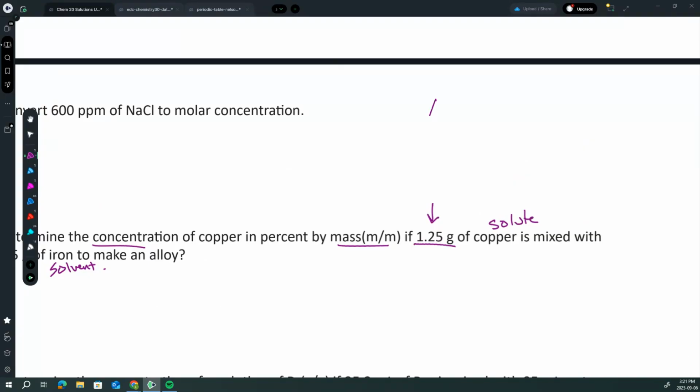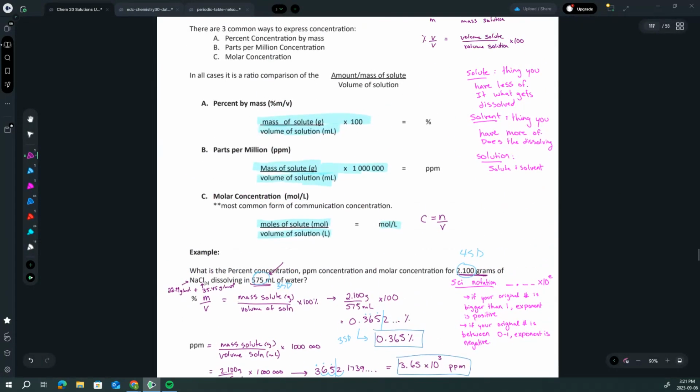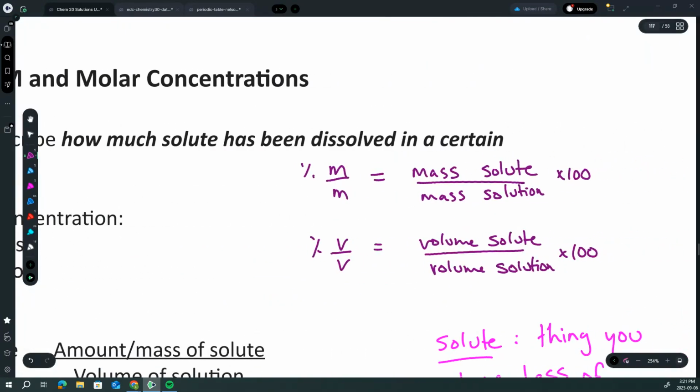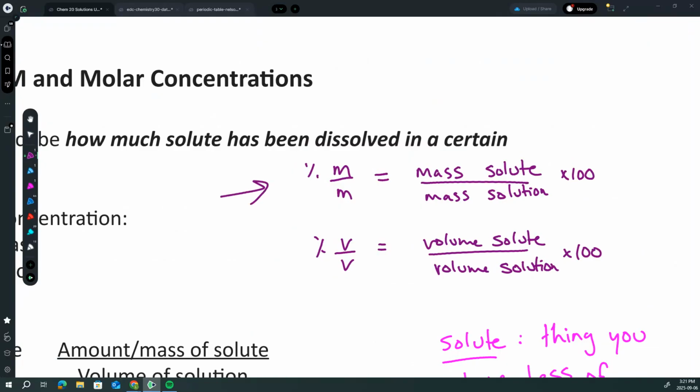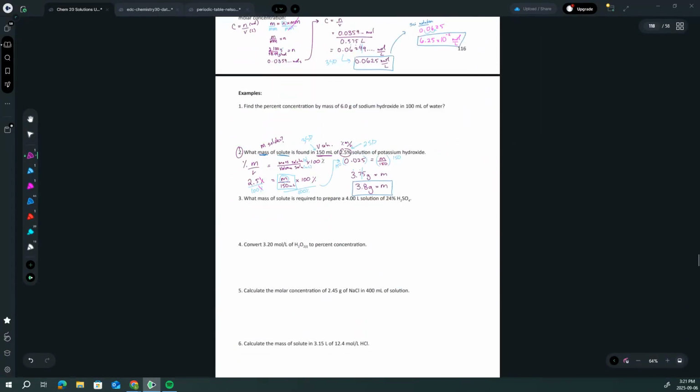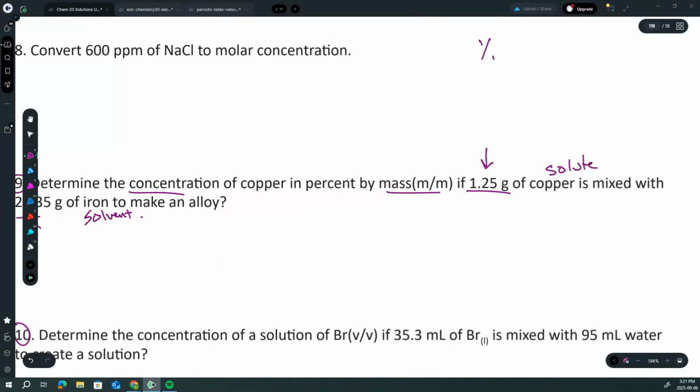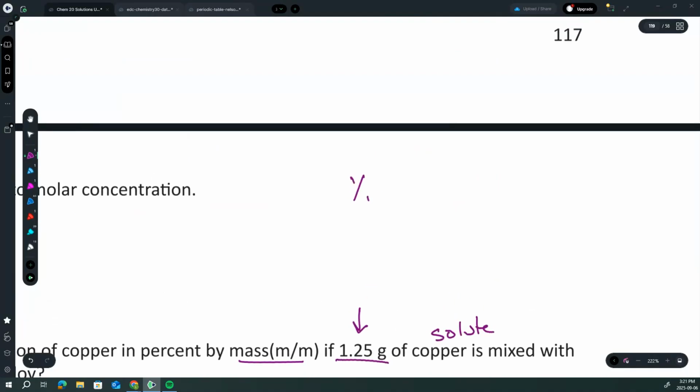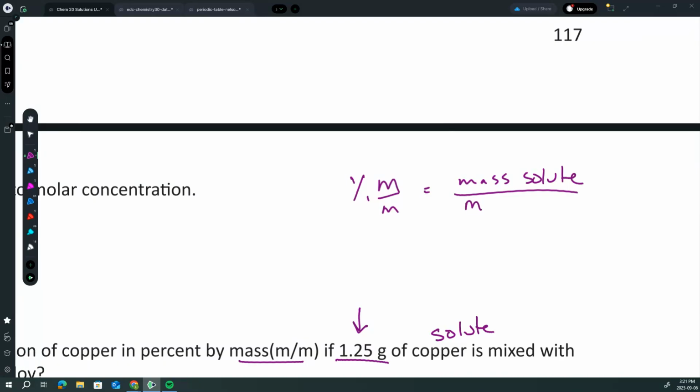Another thing that you're going to have to look at here, so I'm going to write this above here. From the first page that we looked at, I'm using this equation here. Percent mass by mass is equal to mass of solute divided by mass of your solution.